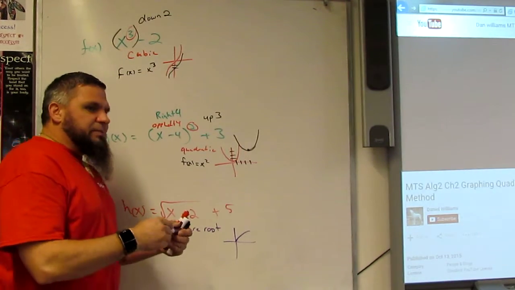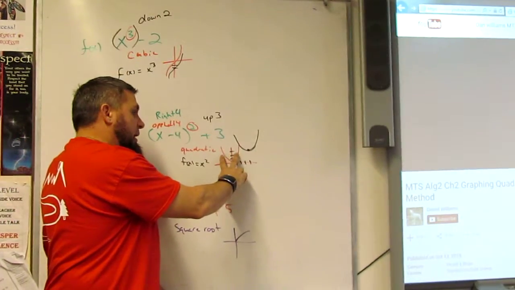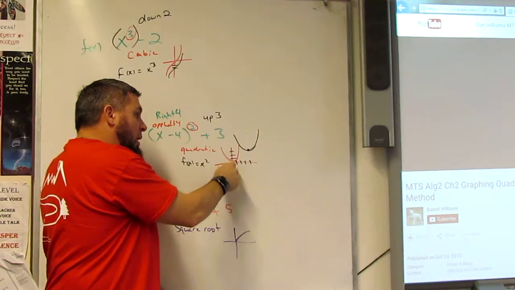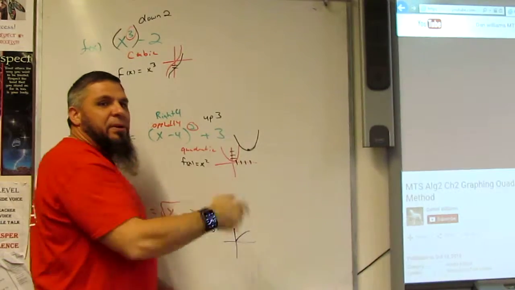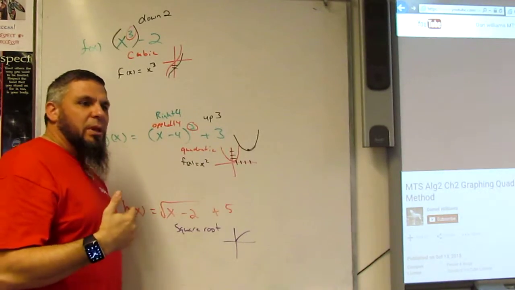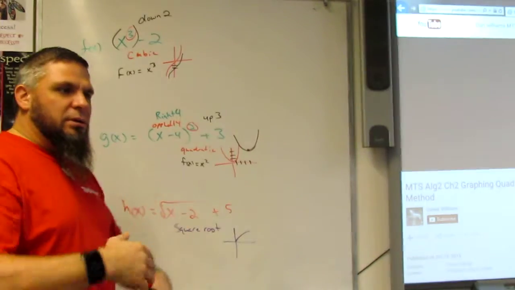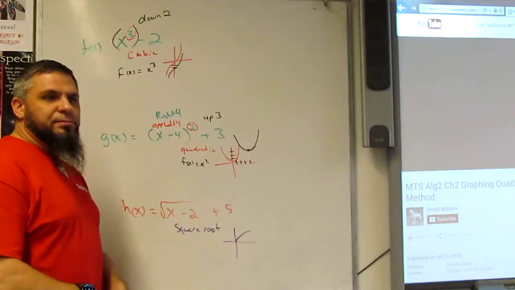What it does is it takes this and it rotates it, and just straightens this. But it loses the negative part because that part becomes complex or imaginary, because of the square root.